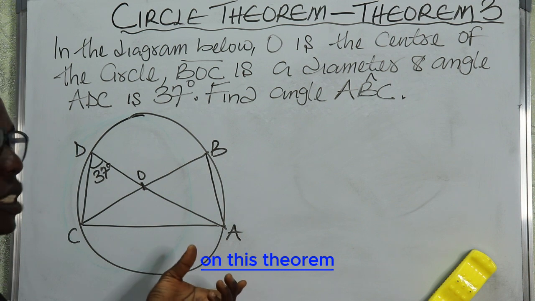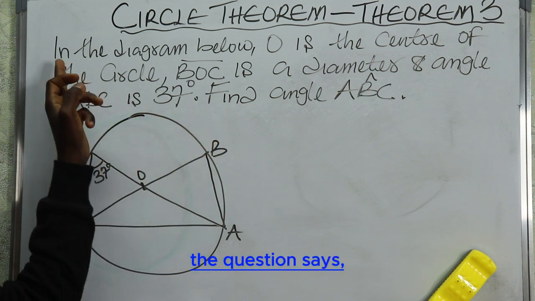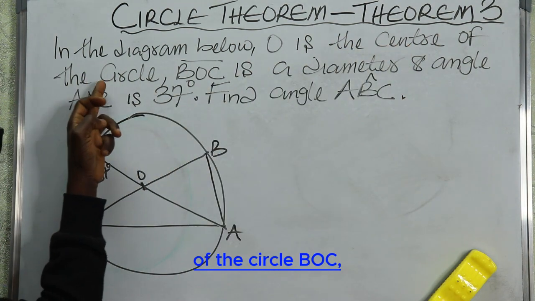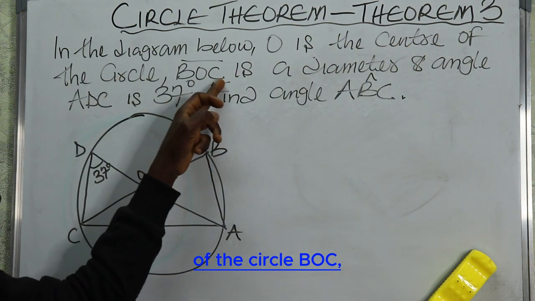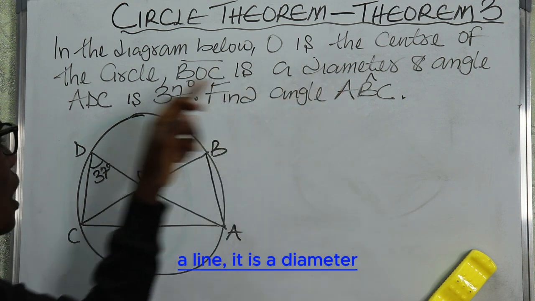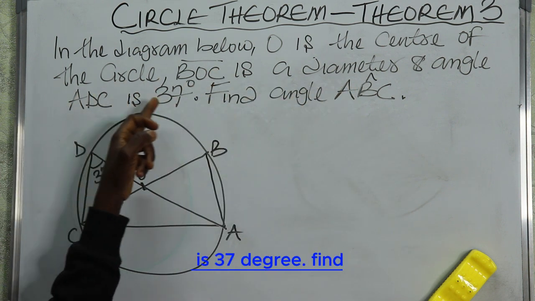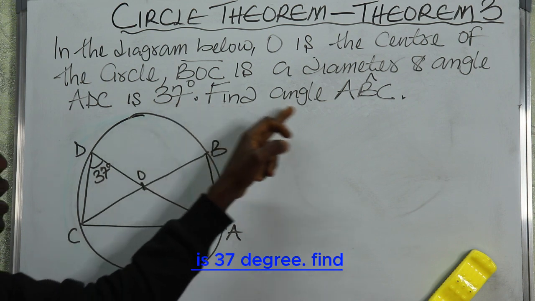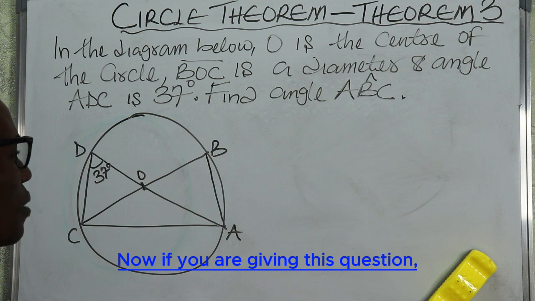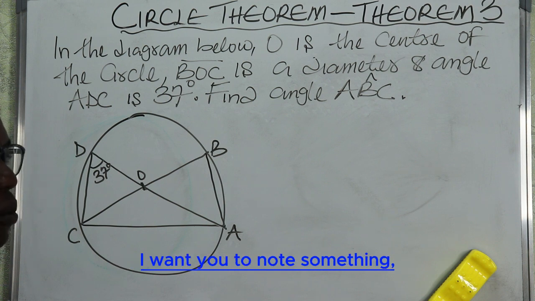So on this third theorem, the question says, in the diagram below, O is the center of the circle. BOC, this line on it shows that it's a diameter, and angle ADC is 37 degrees. Find angle ABC. Now, if you are given this question, I want you to note something.